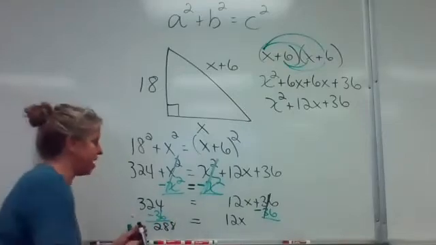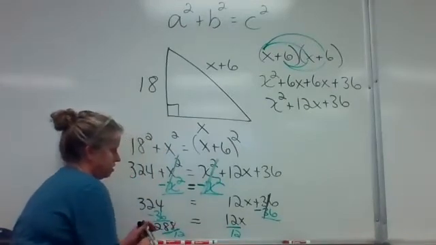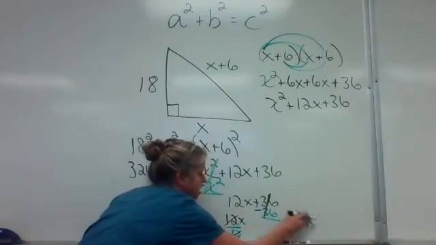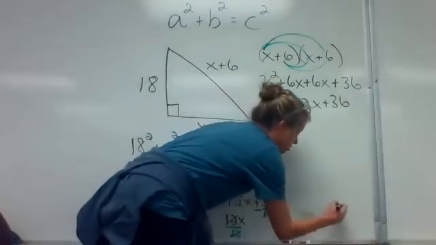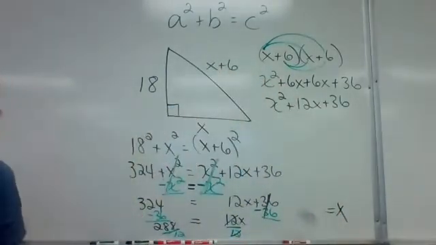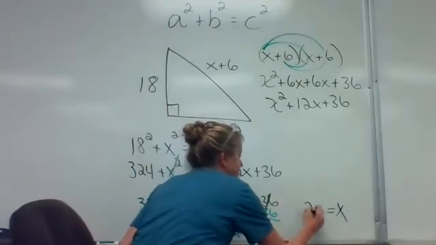So now I need to divide both sides by this 12 to cancel the 12. So my x is going to be equal to, let's see, 288 divided by 12, which gives me 24.